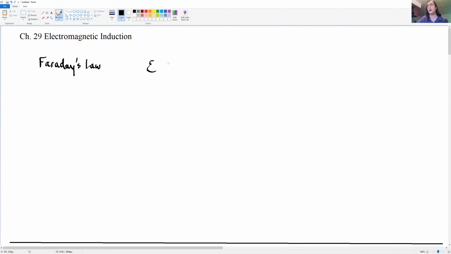So Faraday's law, stated mathematically, has to do with this induced EMF here, E, which is caused by a change in magnetic flux.